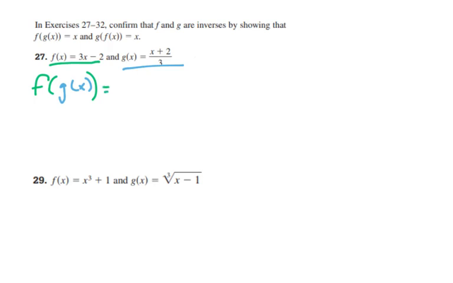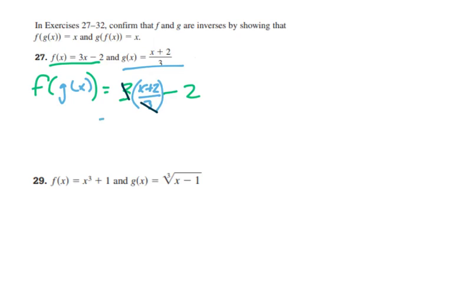So the equation for f of x is 3x minus 2, but we take away the x and fill it in with this giant fraction here of x plus 2 divided by 3. Hopefully you can see that the 3 and the 3 are going to cancel, because if you take this quantity and divide it by 3, but then also multiply by 3, you're going to just be left with that quantity.